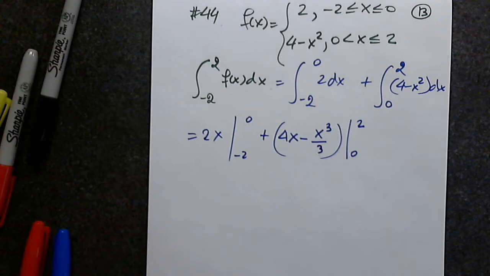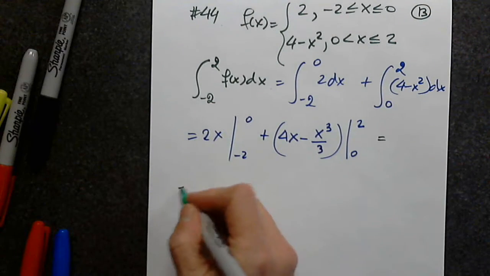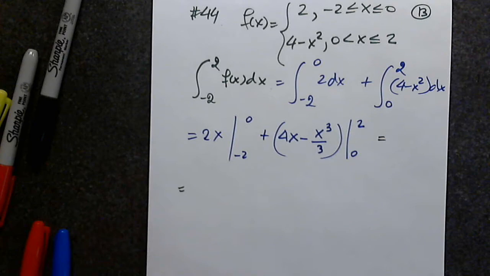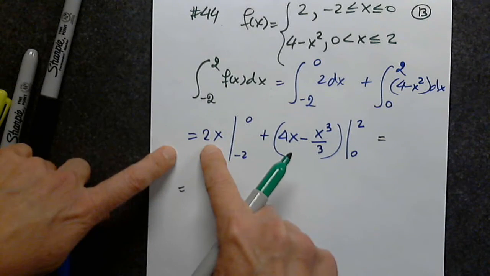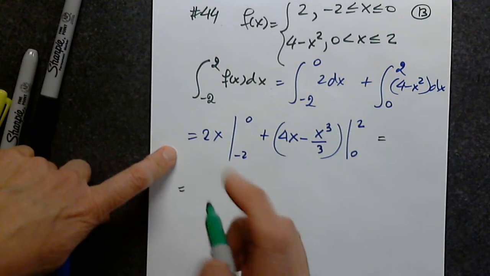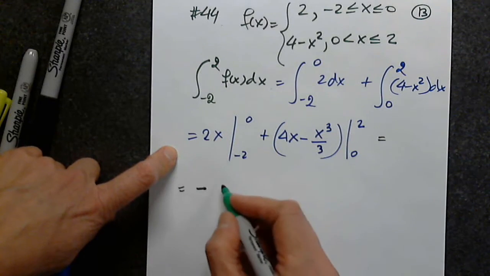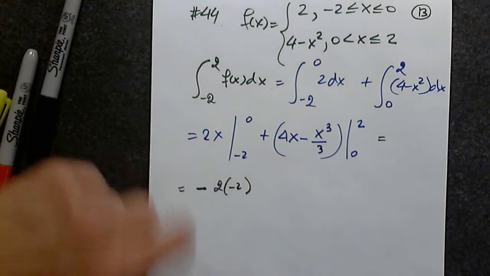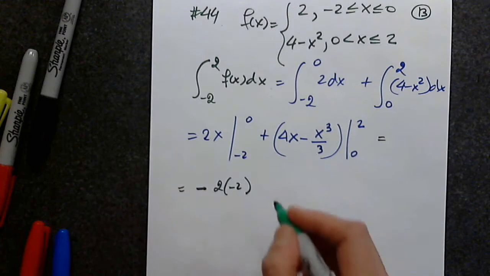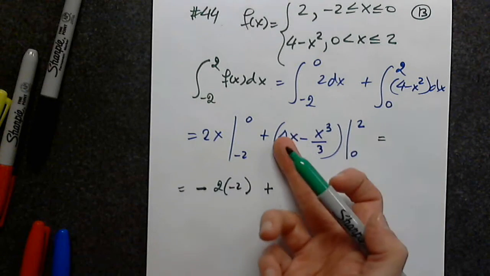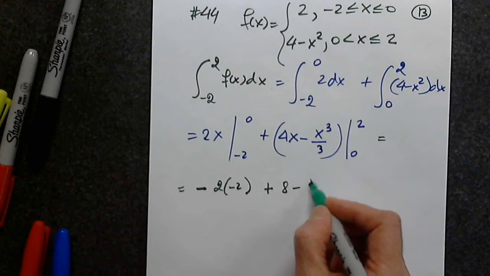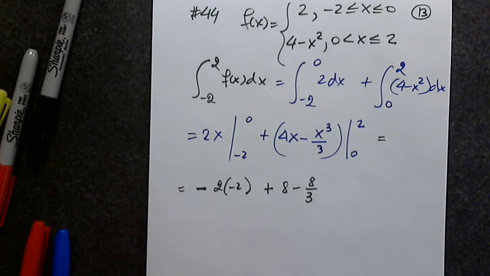Now we have to be very careful because each integral is by itself, and I have to plug in 0, and I get 0, and then minus when I plug in negative 2, 2 times negative 2. Is this okay?